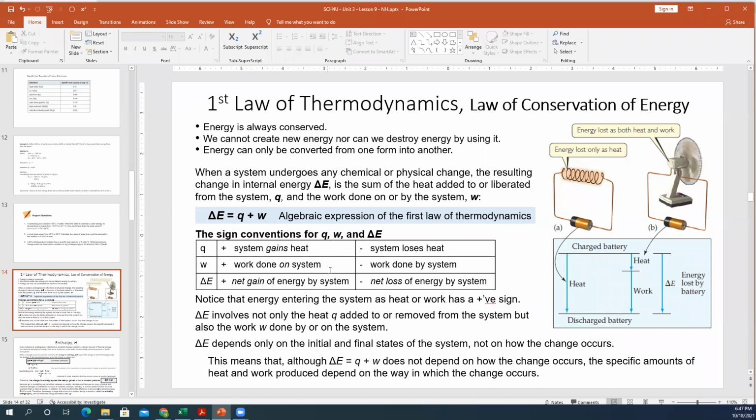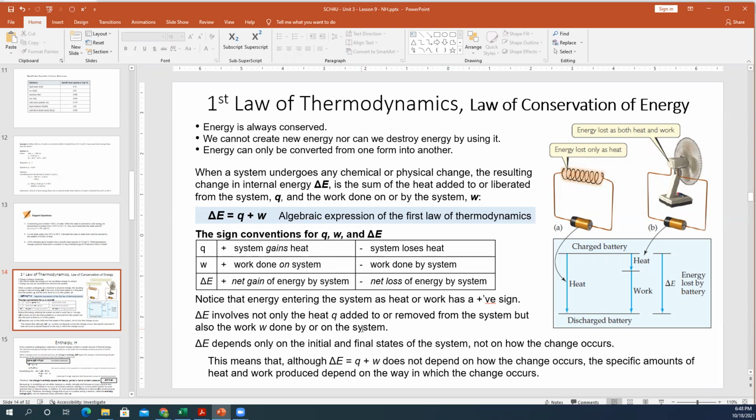This all has to do with the system. But if the sign for Q is negative, then the system is losing heat. Then if the work is negative, that means the work is done by the system. And if the delta E is negative, that means that there is a net loss of energy by the system.